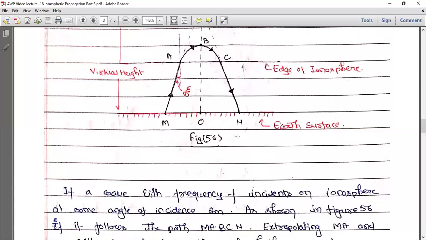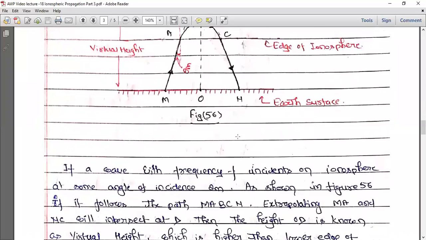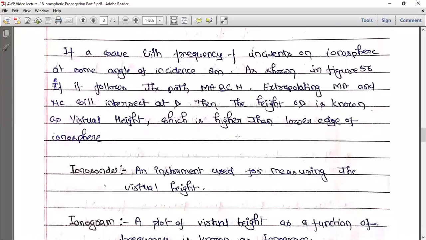an instrument. The instrument used for measuring the virtual height is known as ionosonde. In the ionosonde, several frequencies are transmitted normally towards the ionosphere.